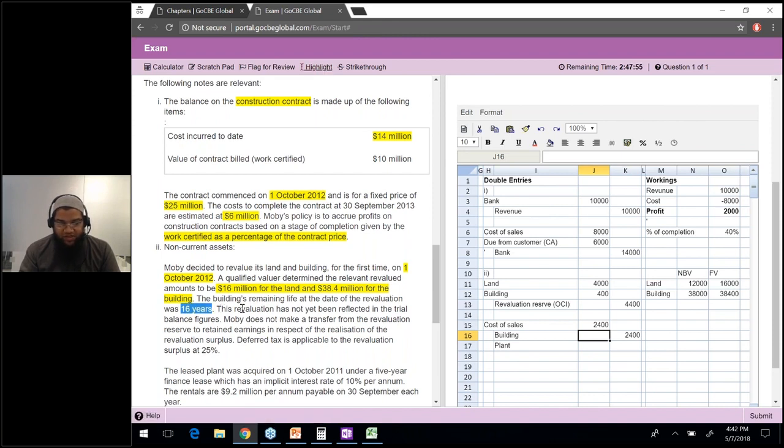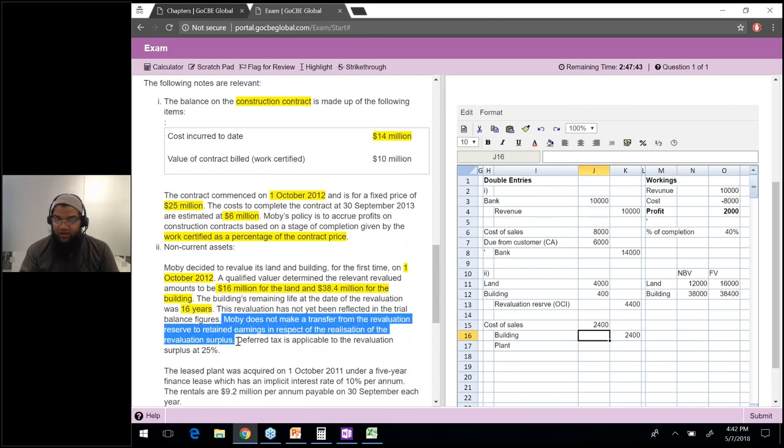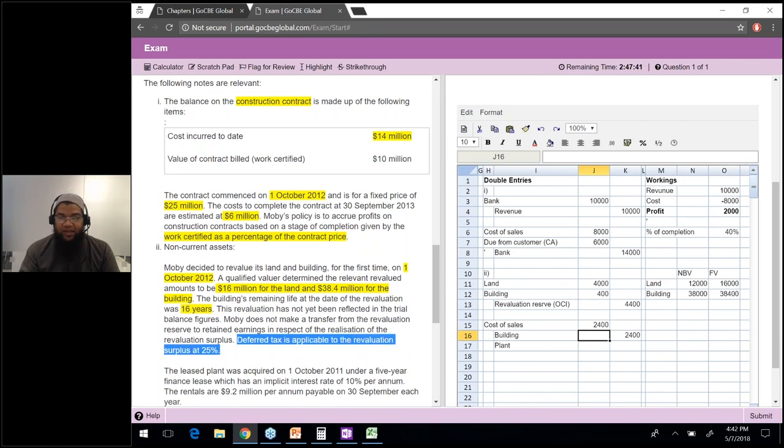The question further says that this revaluation has not been reflected in the trial balance figures above, so we have already reflected. MOBI does not make a transfer of the revaluation reserve to retained earning in respect of the realization. That's good enough. Deferred tax applicable is 25%.